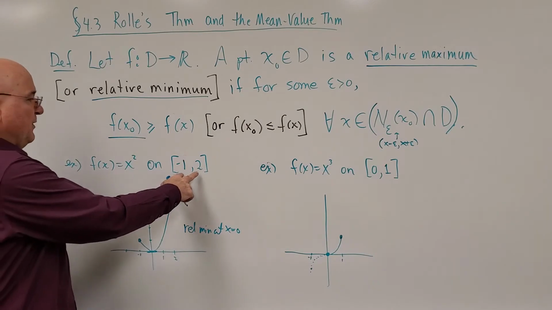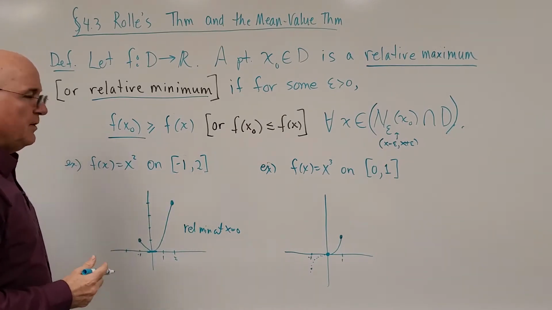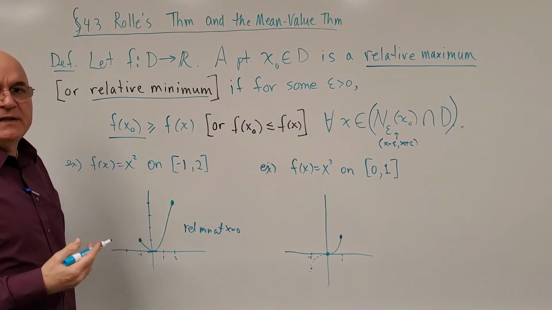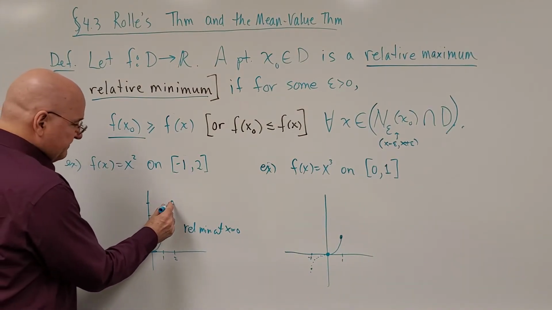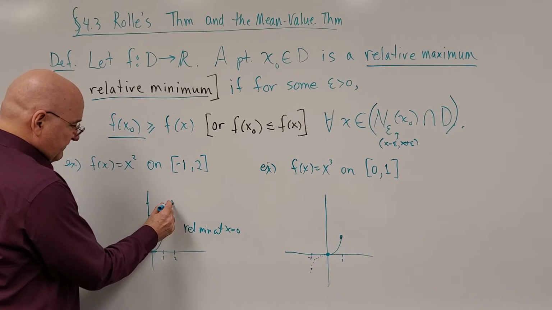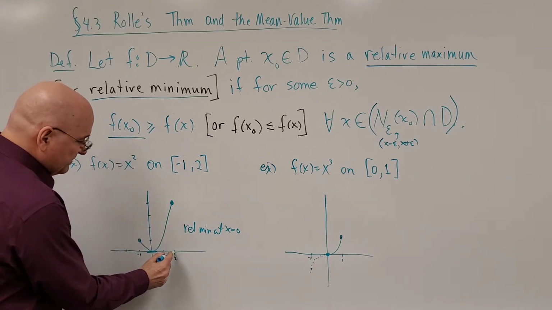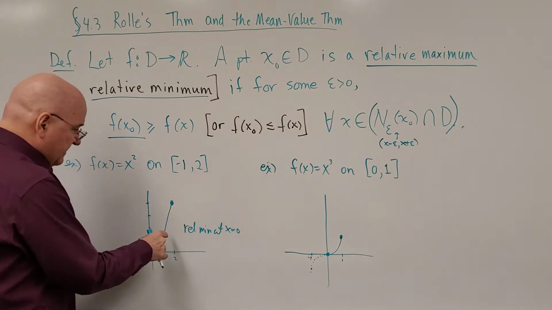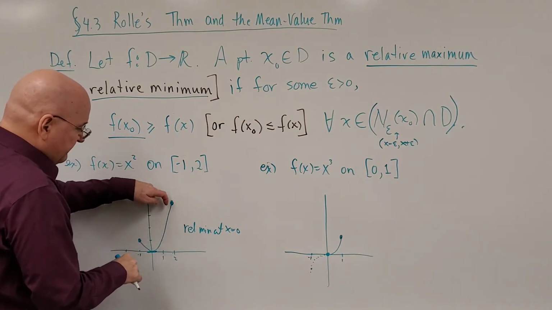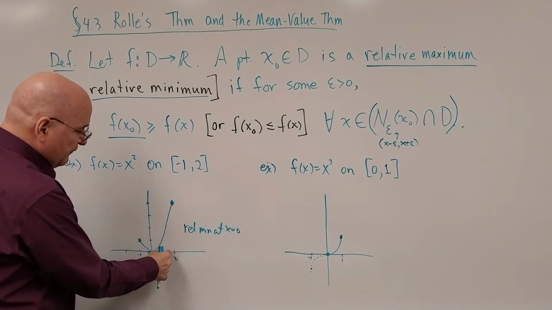But at the end points of this domain, in both cases, I have a relative maximum. If you look from 2 plus or minus any numbers, if you're in the domain, you're decreasing as you move away from 2.